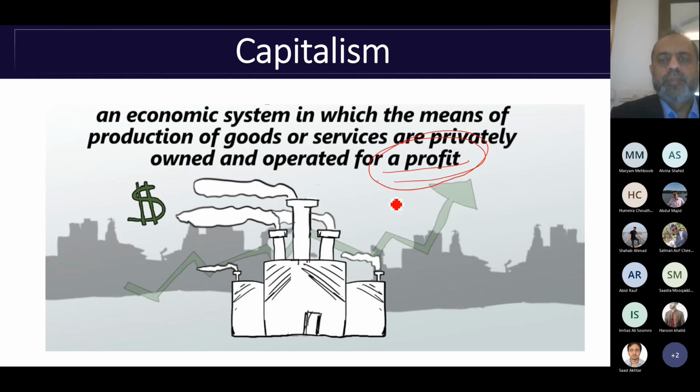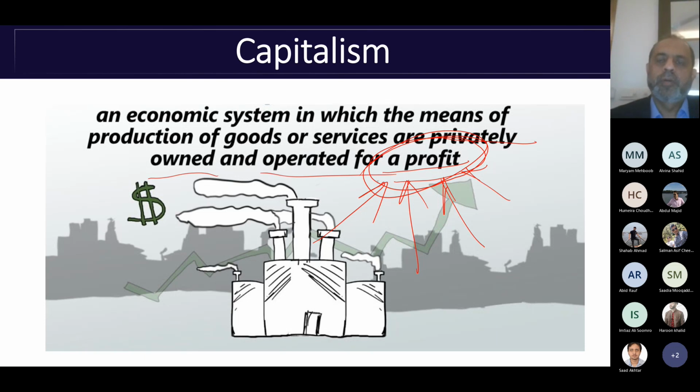This is the most important aspect: everybody who owns a business or a service wants to make more and more profit. So this is an economic system in which the means of production of goods or services are privately owned and operated for a profit. So all the businesses which are privately owned want to make profit, and people are just finding better and better ways of making profit.